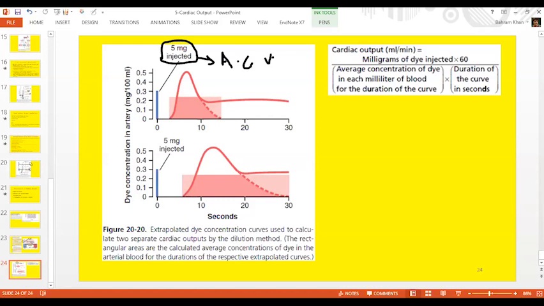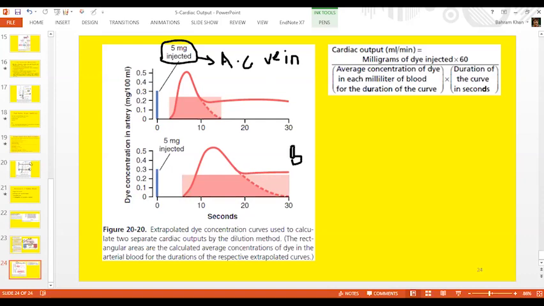Now this blood containing the dye will flow from the antecubital vein into the right side of the heart, from the right side to the left side, and eventually into the systemic arteries. So we will trace the dye passing through the systemic arteries, and we will take samples from the brachial artery.